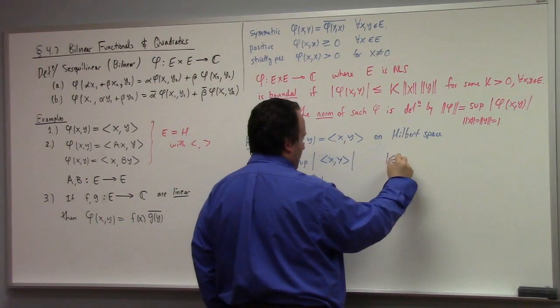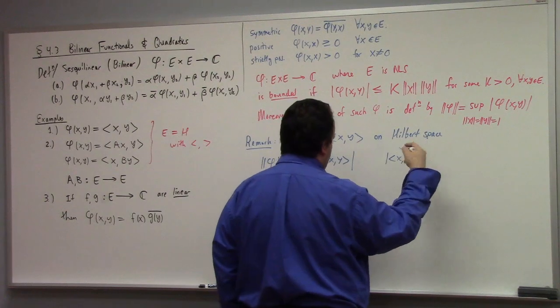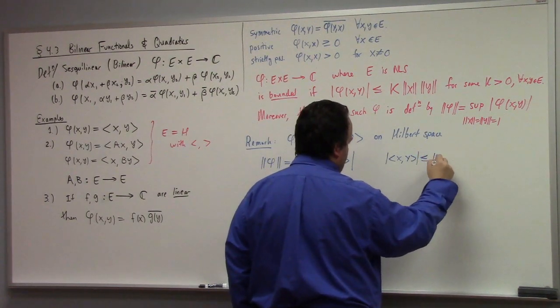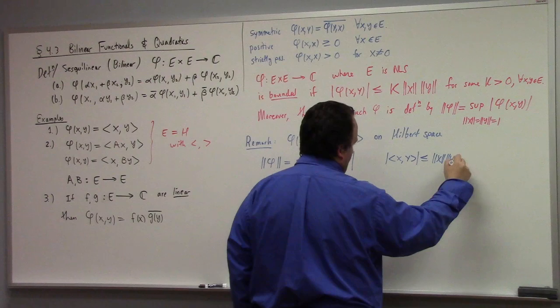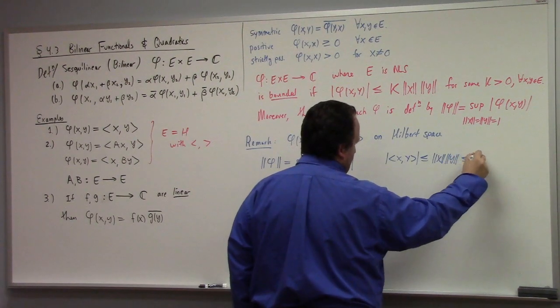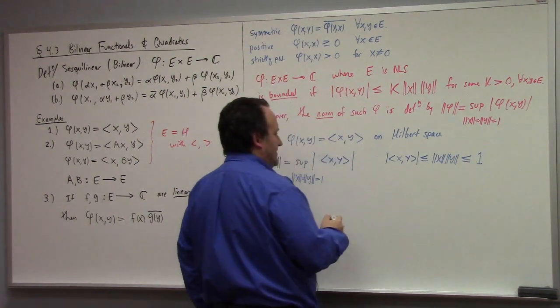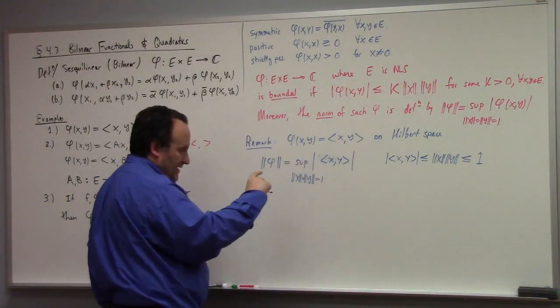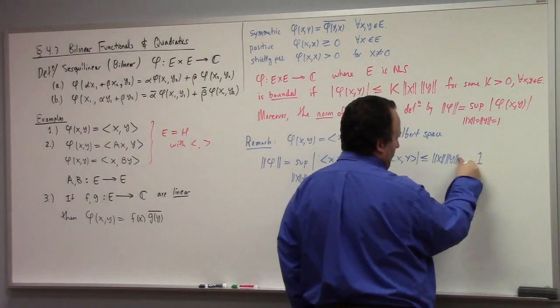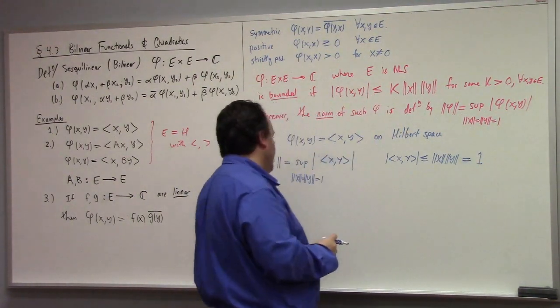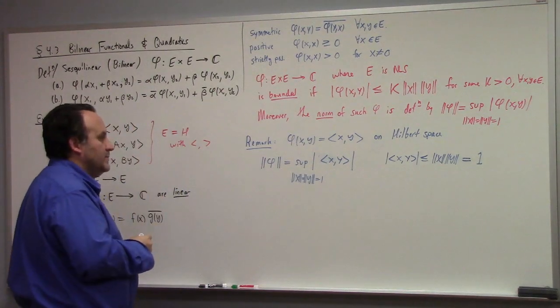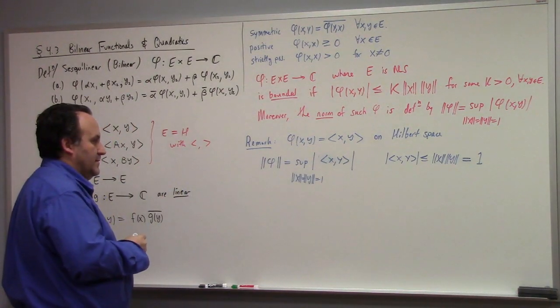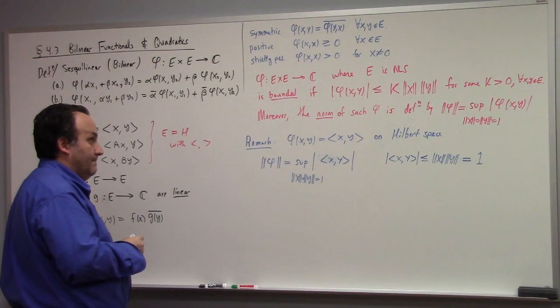We know that the inner product of x,y is less than or equal to the norm of x, norm of y. So that's less than or equal to 1. Actually, that's not less than or equal to 1, is it? In this context, it's equal to 1. So certainly 1 is an upper bound.